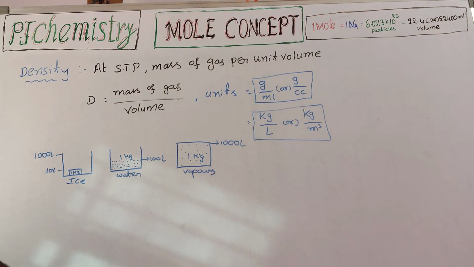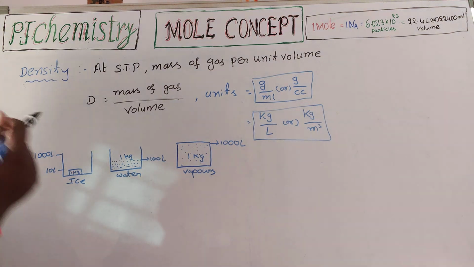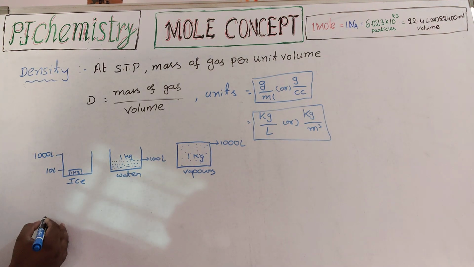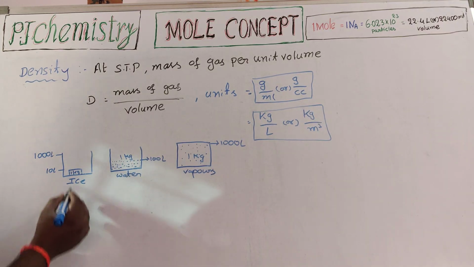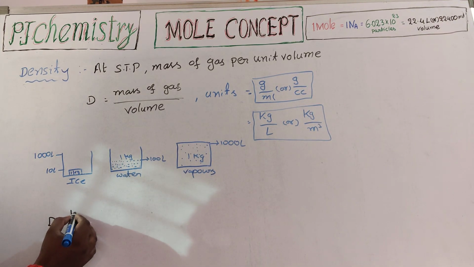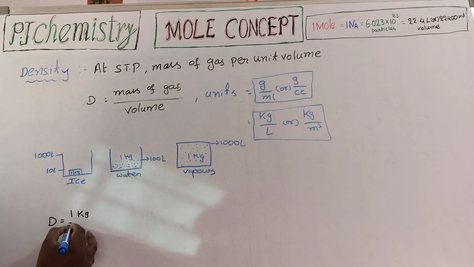Now, for easy understanding, let's calculate mass by volume, the density. Density of ice cube: mass is 1 kg, volume occupied is 10 liters.